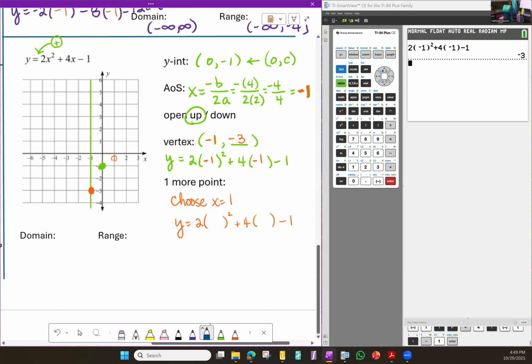And this time I'm going to put 1 there. So my point will be 1, something. Let's see. And I go back here and take the negatives out. (1, 5).